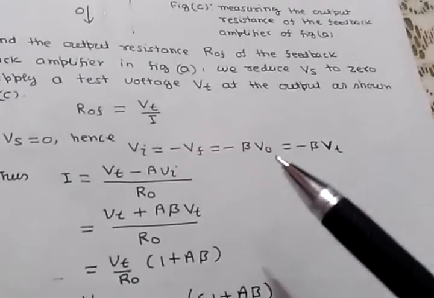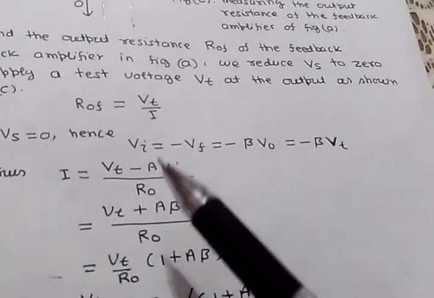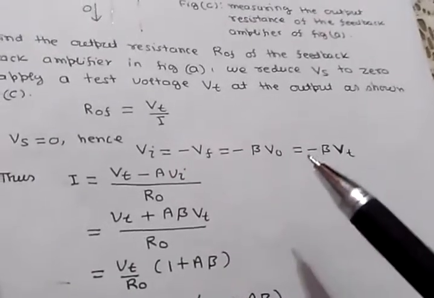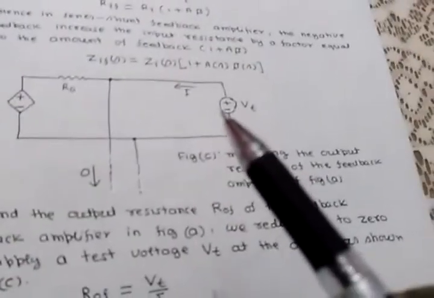At the place of Vo we can write Vt, so Vi can be written as minus beta Vt. Now we have to calculate I, meaning current supplied by this test voltage source.